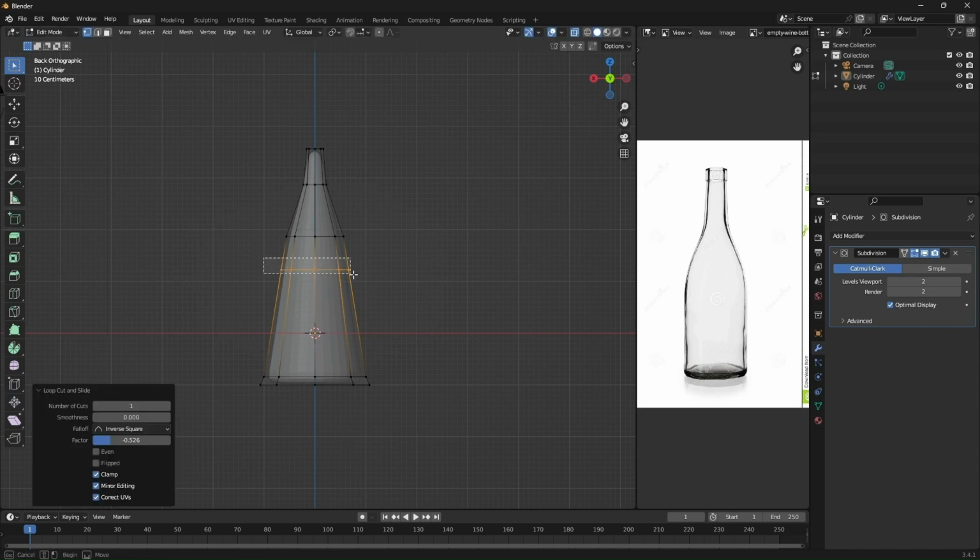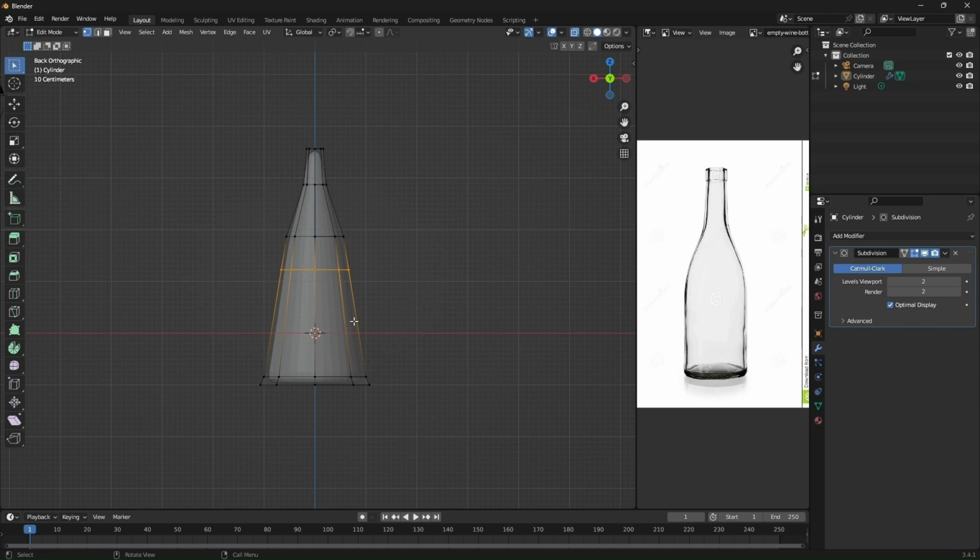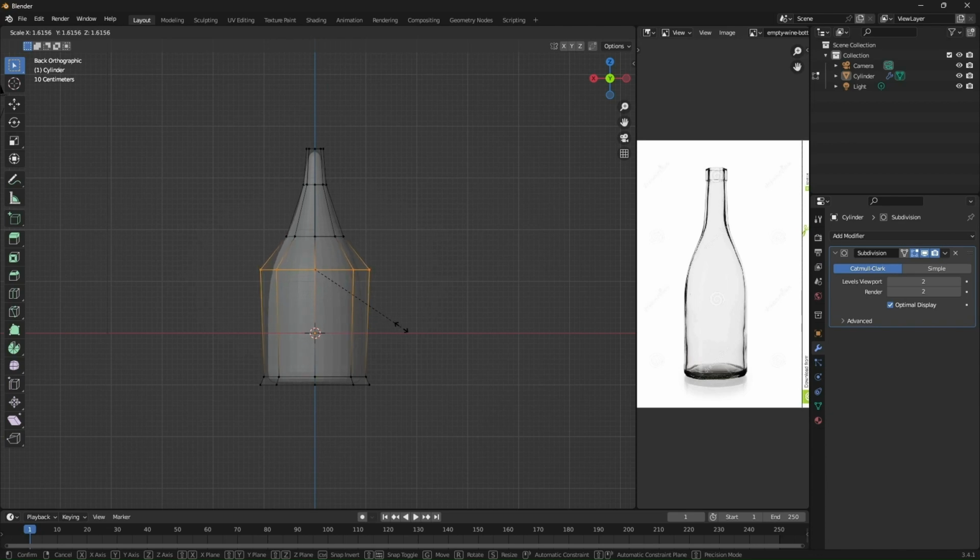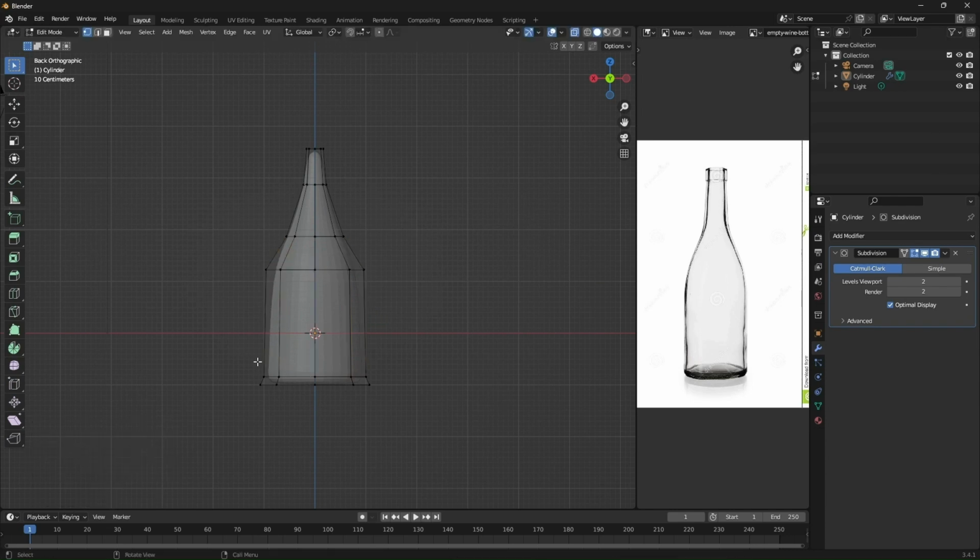And I'm going to scale this out so that we can make that surface flatter. Scale out. And I think I should scale this in a little bit. There we go. Switch back to object mode, and it's starting to get there.